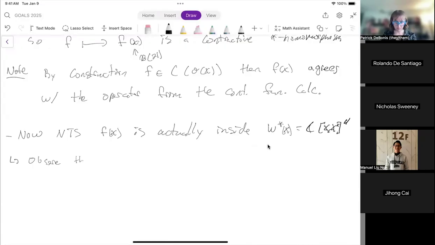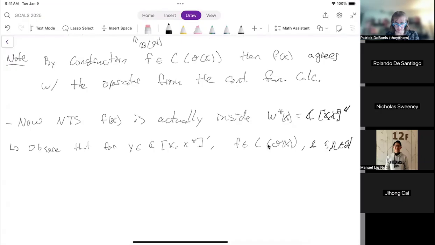We want to observe that for an operator y in the commutant of these polynomials, and a function that's continuous, in vectors of the Hilbert space, because we are working with a continuous function right now, if you look at y f of x minus f of x y inside the inner product, this is just zero.